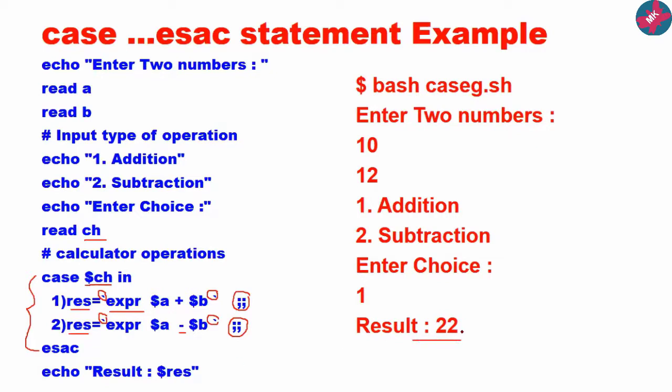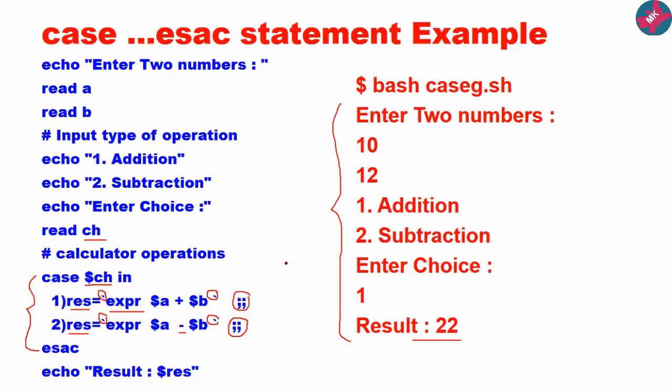So this is how I will execute this case statement. In all, we have discussed three control structures: two syntaxes of for loop, one syntax of while loop, and we have also discussed the case statement. So this will cover all our theory, right?